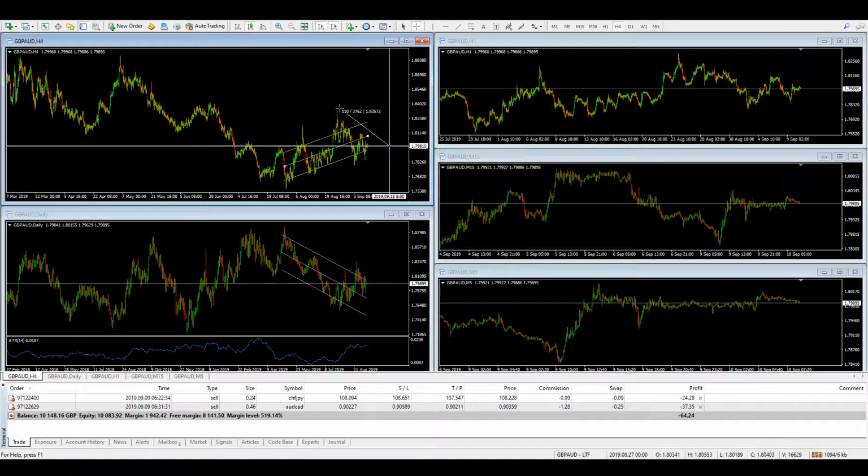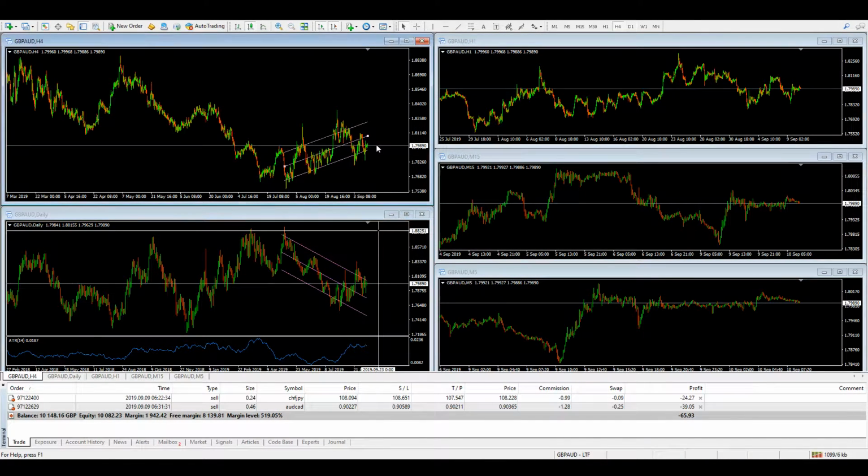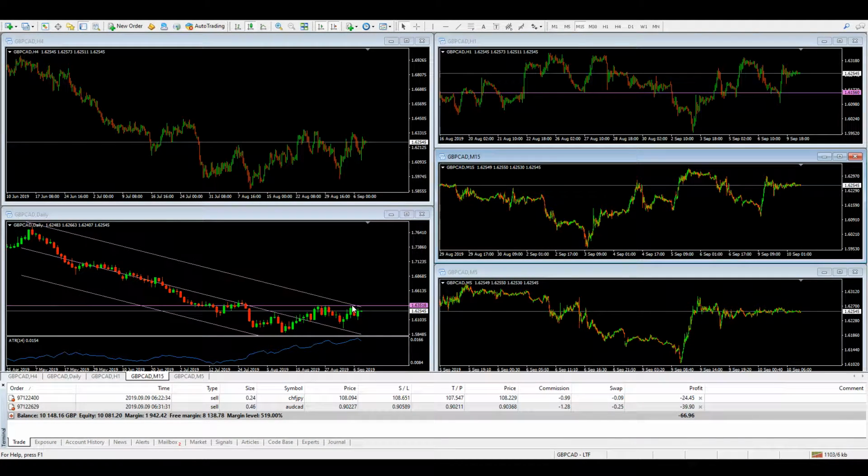Your 1-to-1 reward to risk would be somewhere around these levels, these previous lows, which here on the daily is not great value for money. So leave that, wait for better opportunities or better price action.